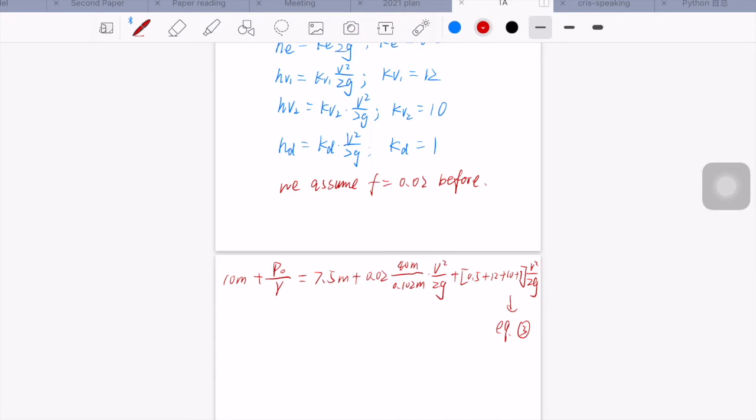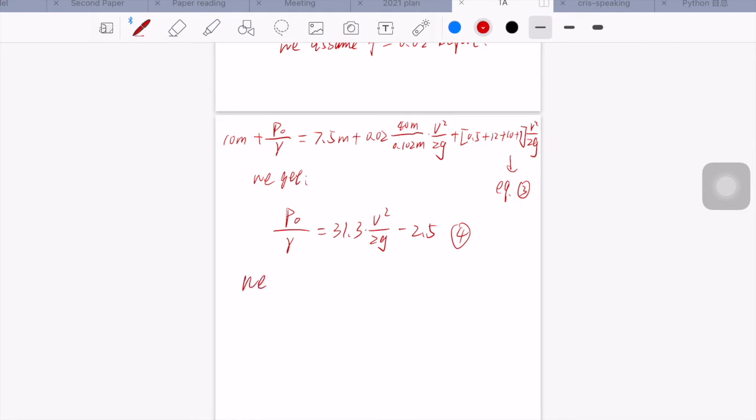And now we get P0 divided by gamma equals 31.3 times V squared divided by 2g minus 2.5. This is equation 4. So we solve equation 2 and equation 4 simultaneously.